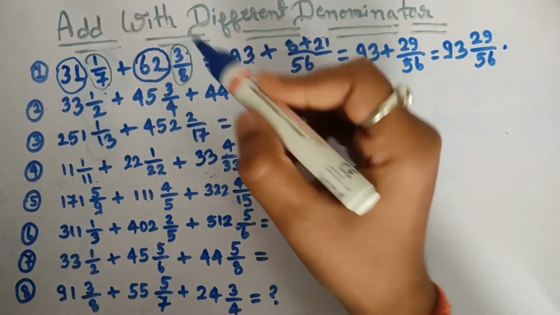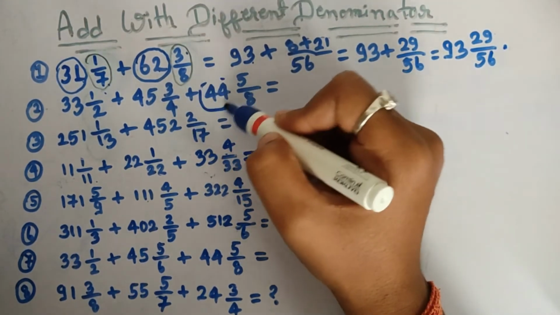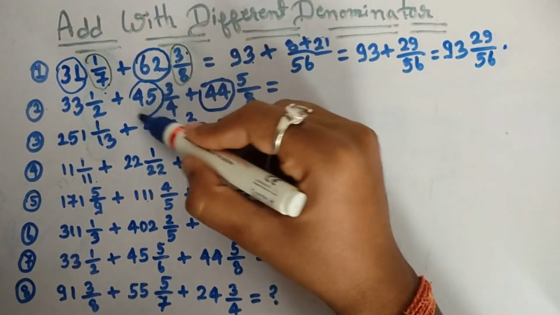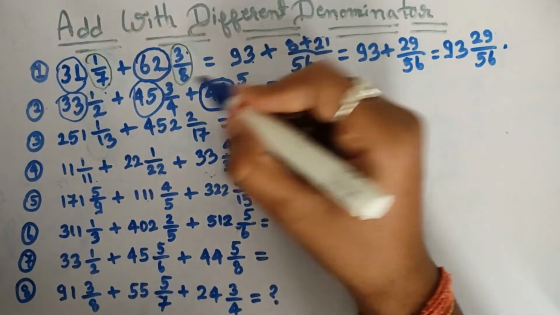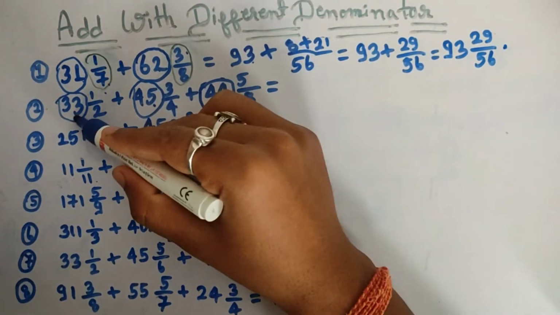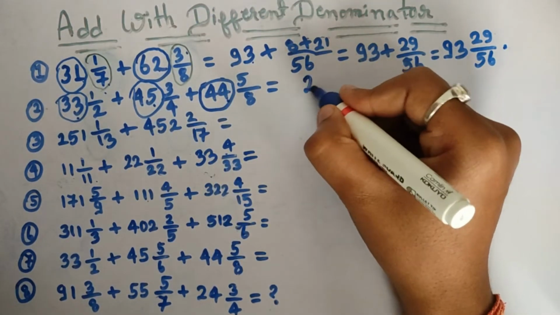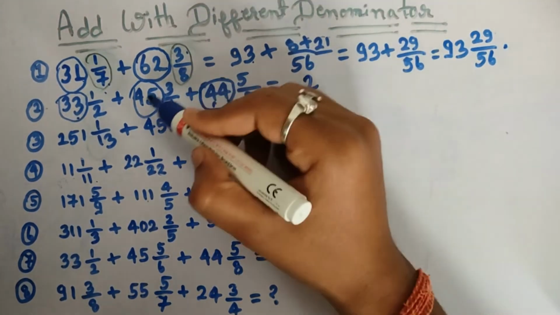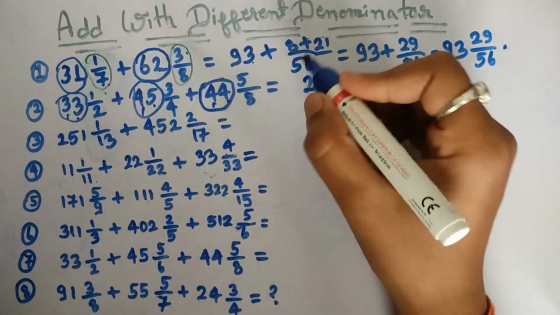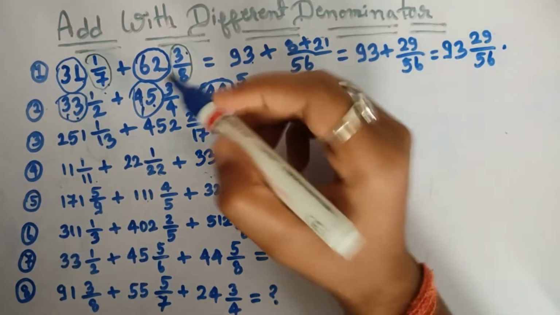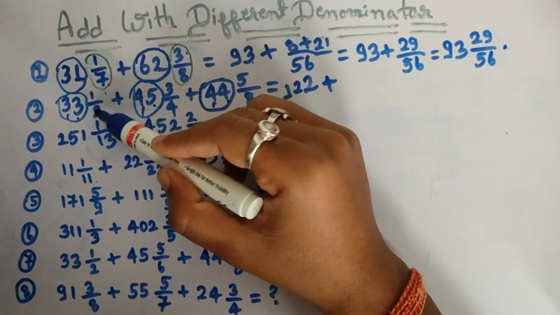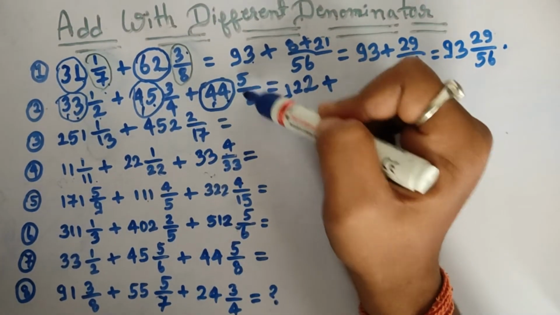So add the simplest form, these are the simplest form. Add it. 4 plus 5 equals 9, 9 plus 3 equals 12, 2 carry 1, 4 plus 8 is 12, 12 plus 3 is 15... 1 carry, 122 plus. Now we have to add the fraction form, that is 1 by 2, 3 by 4, 5 by 8.